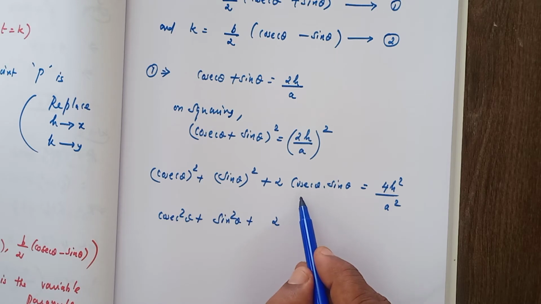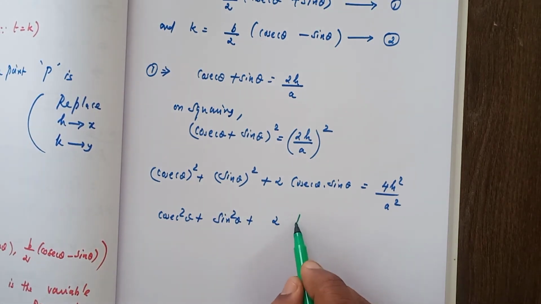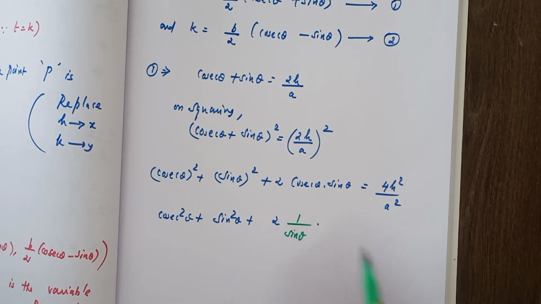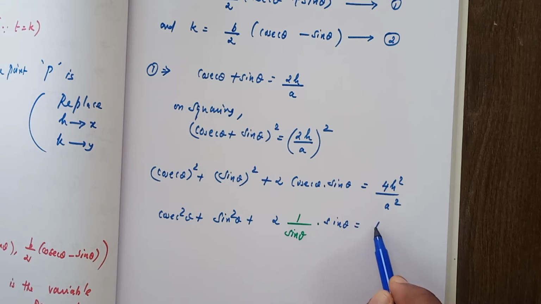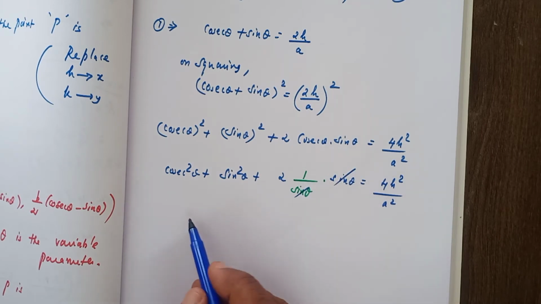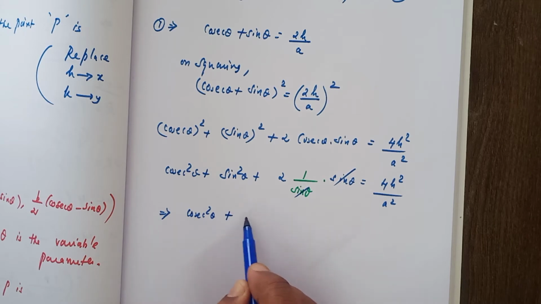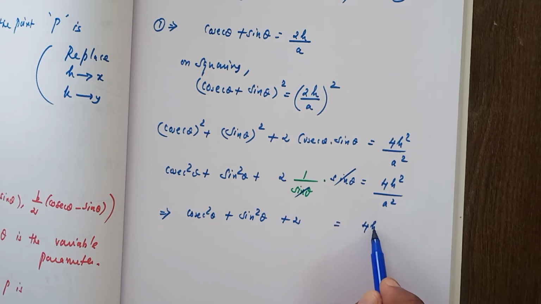You know that cosecant theta can be replaced by the identity 1 by sin theta, into sin theta, so sin theta gets cancelled, which implies cosecant square theta plus sin square theta plus 2 ones are 2, that is equal to 4h square divided by a square.